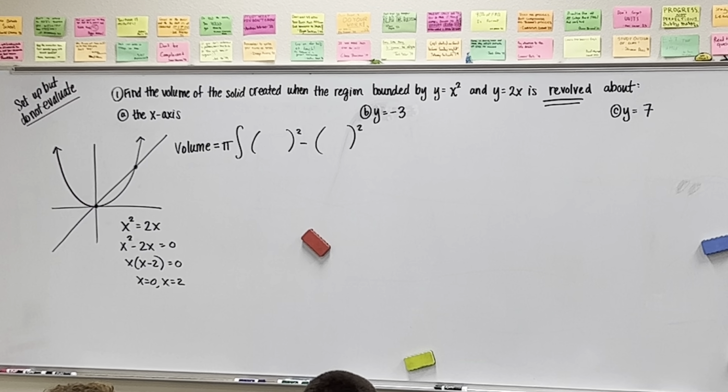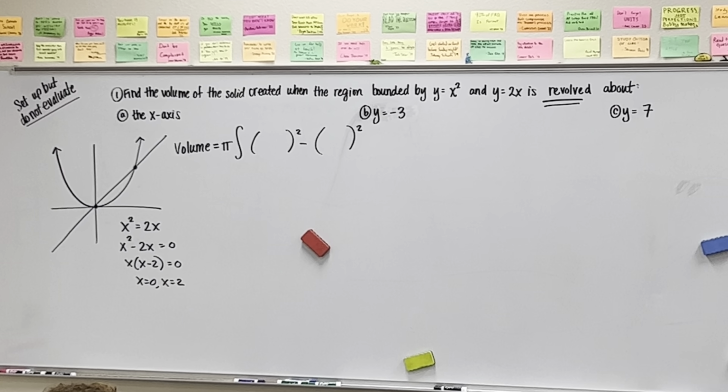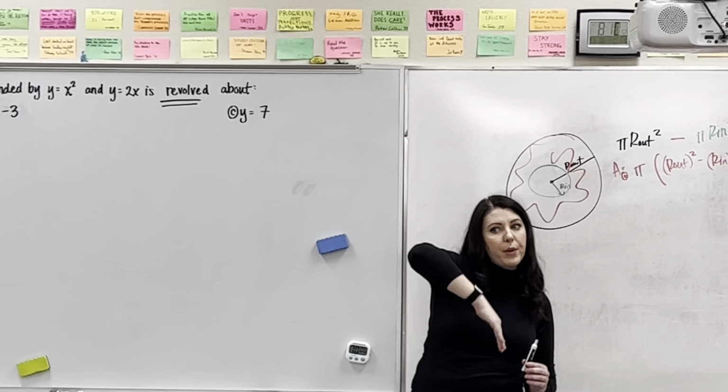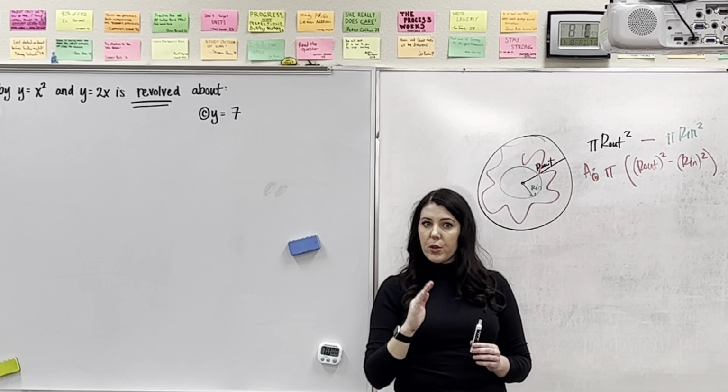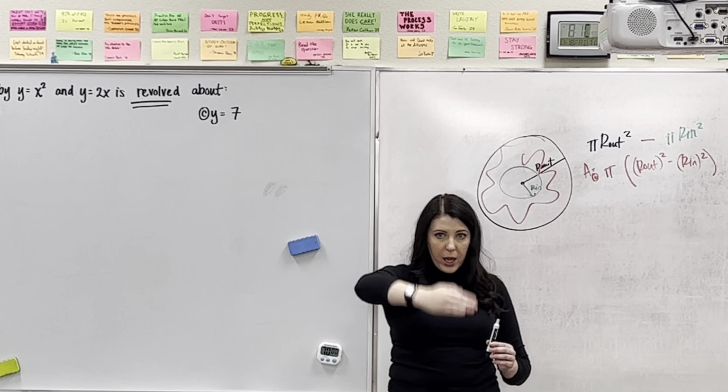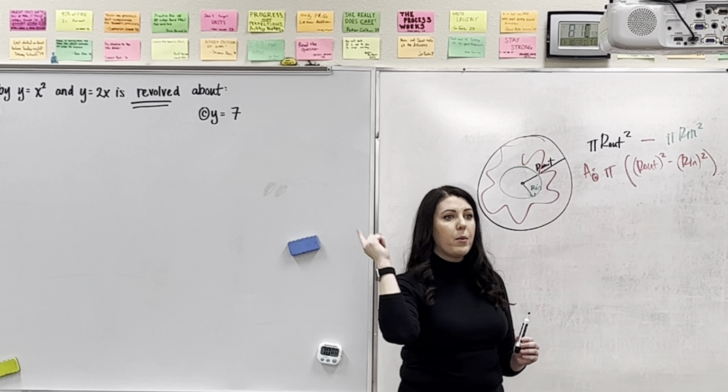If you're rotating it this way, it's gonna be a dx. When would it be a dy? If you rotate it like this. So if you're rotating it this way, so around the y-axis or around x equals something, okay? You're never gonna rotate it any other way. So you're not gonna rotate it horizontally or around a different equation. You're only gonna rotate it either this way, which is the dx, or this way, which is the dy.